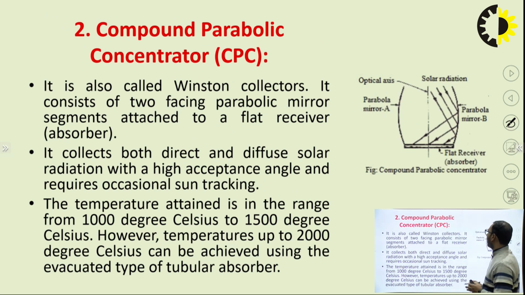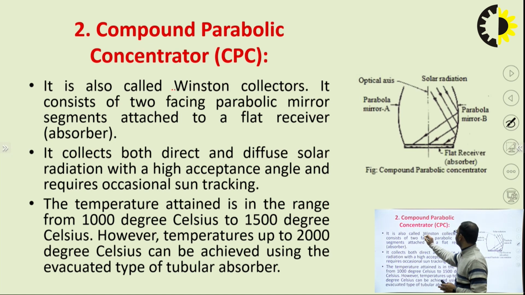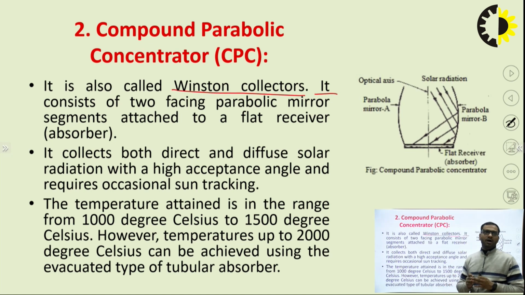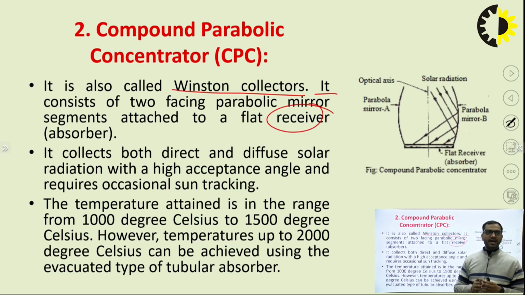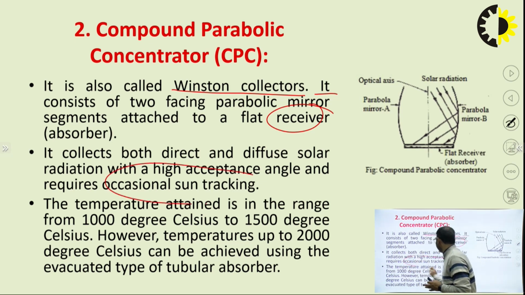The second one is the compound parabolic concentrator. It is also called the Winston collector. It consists of two facing parabolic mirrors attached to a flat receiver. It collects both direct and diffuse solar radiation with a high acceptance angle and requires only occasional sun tracking.